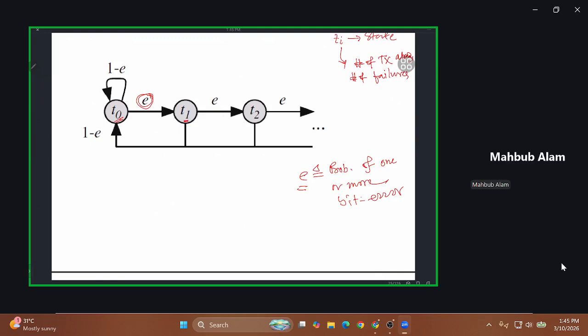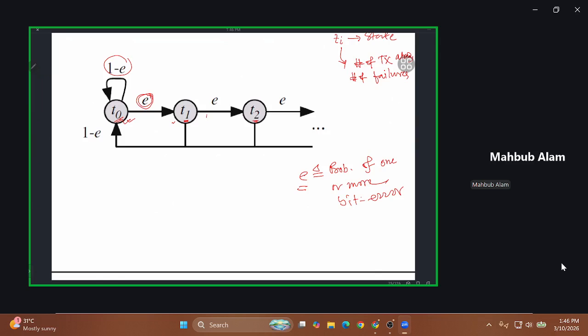From T1, we move on to T2, that is the second failure, which occurs with probability E. And in this way it goes on. We have a Markov chain with infinite steps because the number of retransmissions is not restricted here. And with probability 1 minus E, a frame or a packet is successfully transmitted.